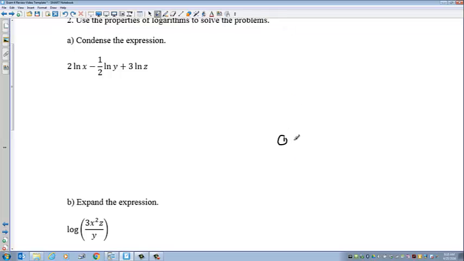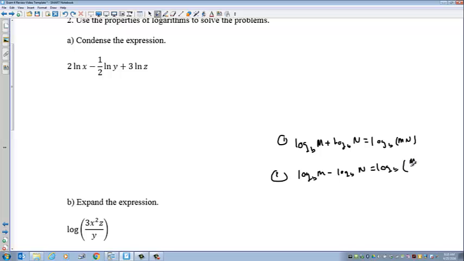There's the fact that when you add logs, you multiply on the inside, so m times n, versus when you subtract logs, you divide on the inside, so m divided by n.